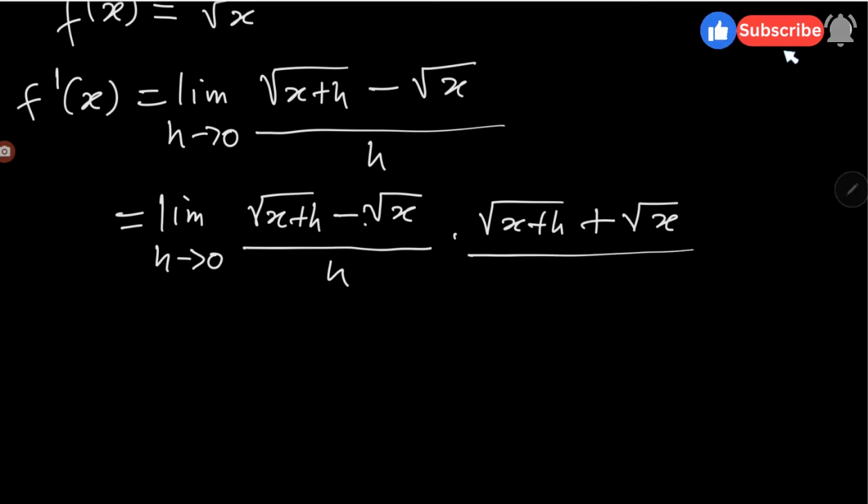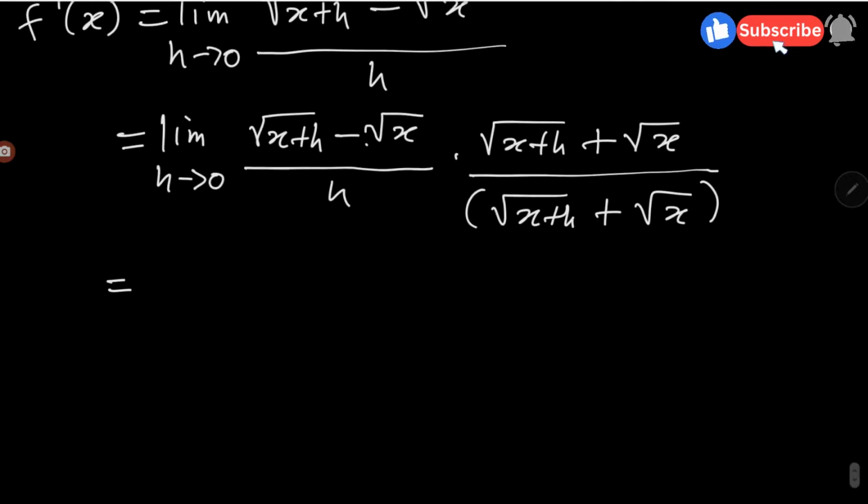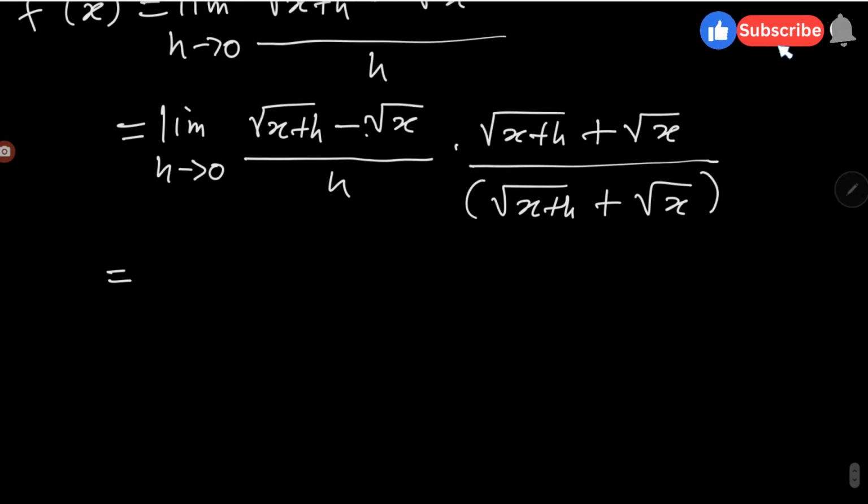So the same thing down below, we have the square root of x plus h plus the square root of x. So the easiest way to figure out the result of what we have in the numerator there is to remember this principle, which we call difference of two squares.